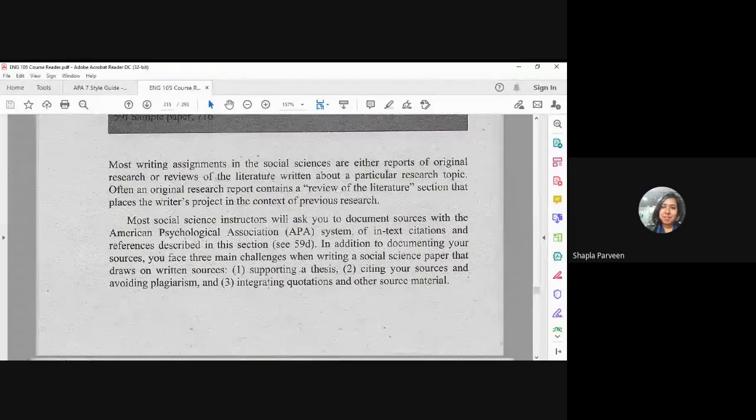So here, supporting the thesis. When you write something, you have an idea, but remember that when you write a thesis paper, a research paper, this is not a literary piece of writing. This is based on research. That means we call it scientific writing. When we follow a system and provide logical explanation, that's when we call it a scientific piece of writing.